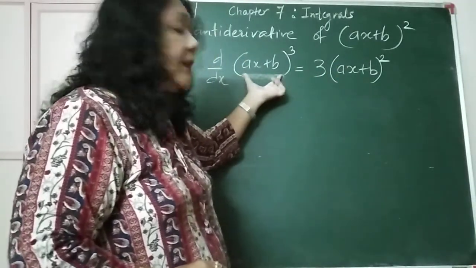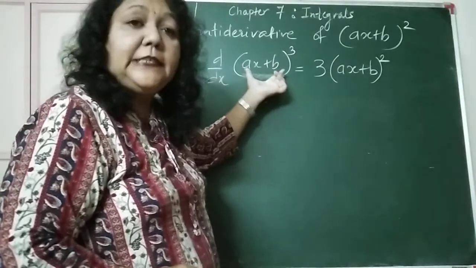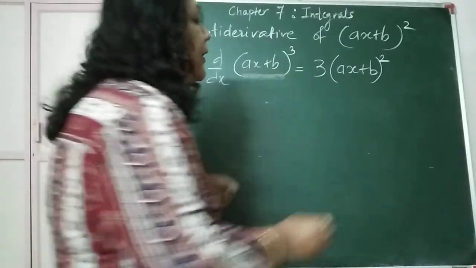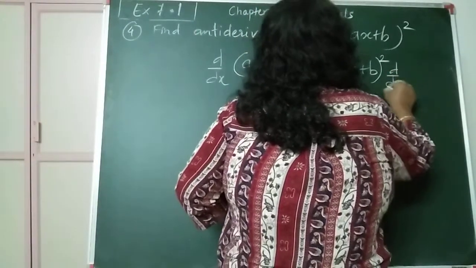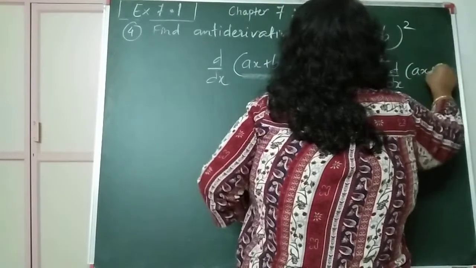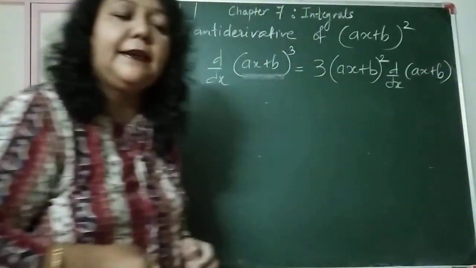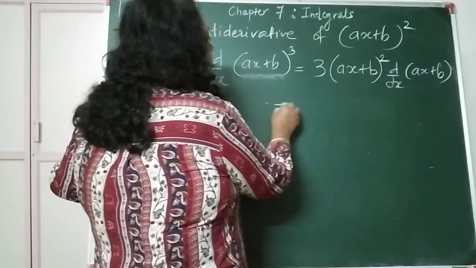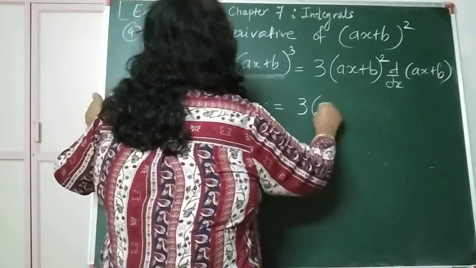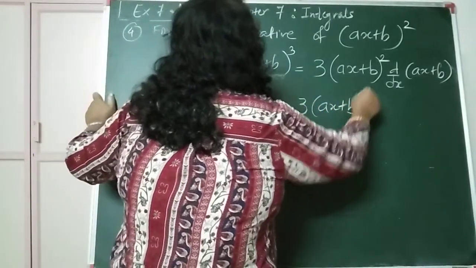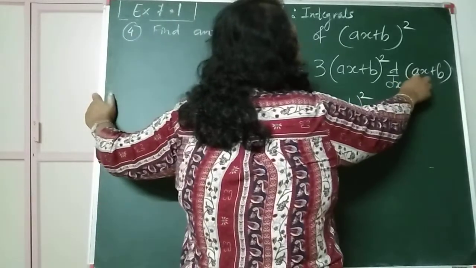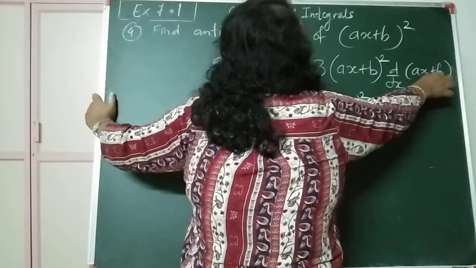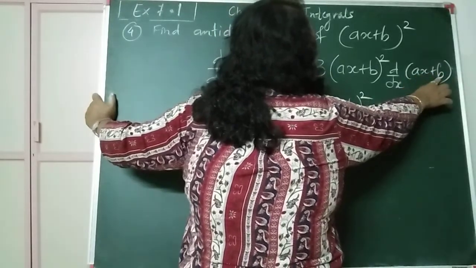But since this is not a simple x term, by the chain rule we have to differentiate the bracket one more time, so into d by dx of (ax + b). This is how it is. Therefore over here, 3 into (ax + b) whole square, and if you differentiate this, a is a constant, the differentiation of x will be 1 and the differentiation of the constant term b will be 0.